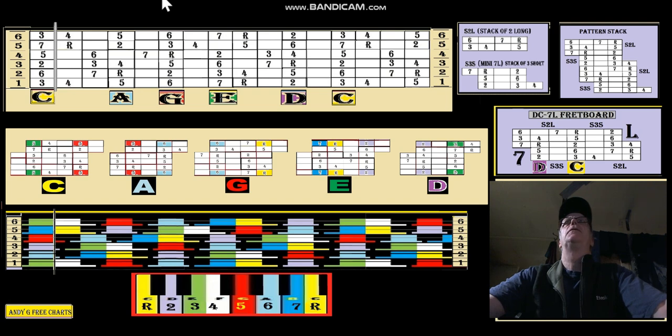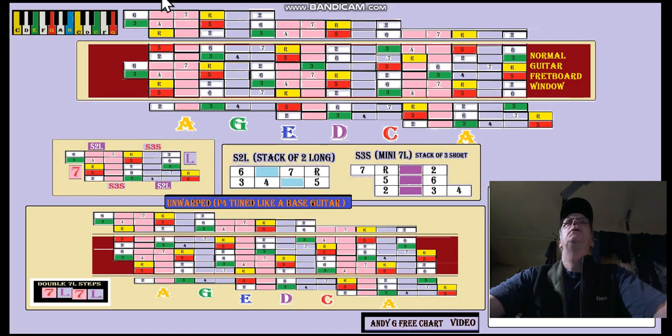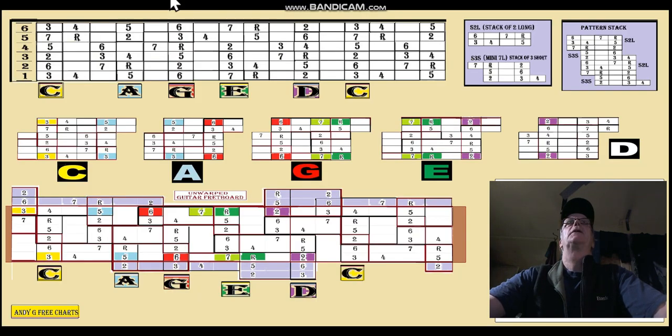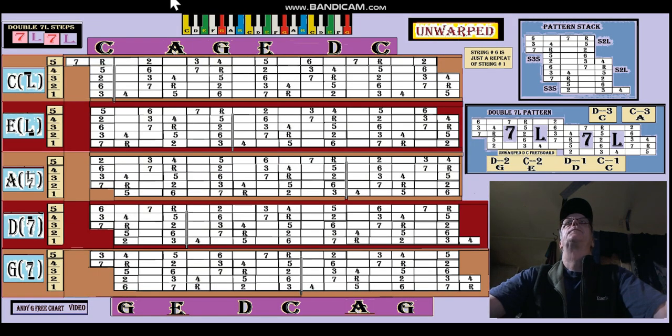Where's the chart for lesson 16? Okay, we don't seem to have it immediately at our disposal. Okay, that's back too far, so let's see where we're at. The double 7L over here was very important.